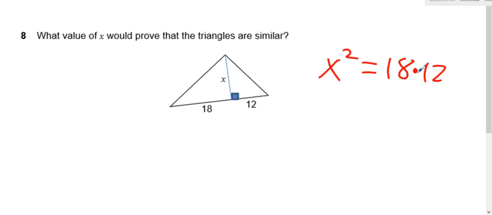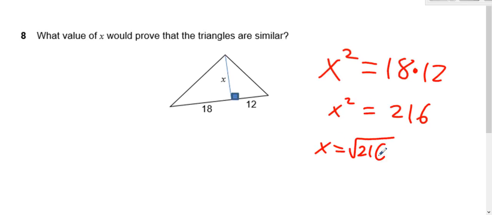So multiply 18 times 12 is 216. And then the square root of 216, if you were to round that, it'd be about 14.7.